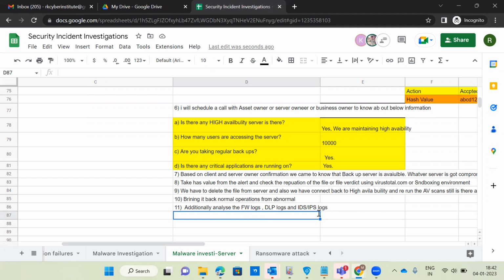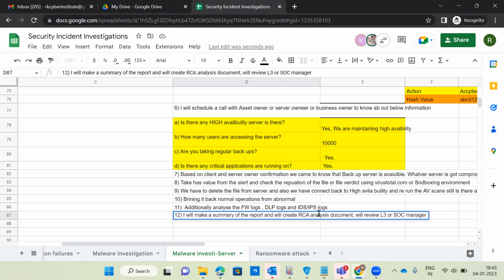Finally, I will make a summary of the report and create a root cause analysis document. We'll review it with L3 or the SOC manager, and finally I will present it to the customer.